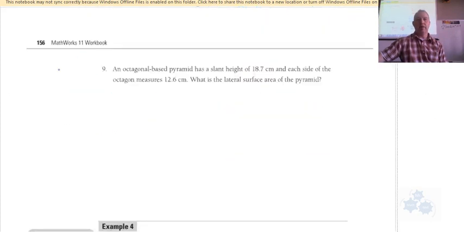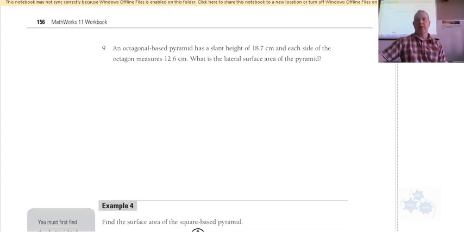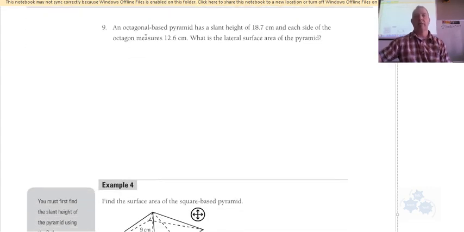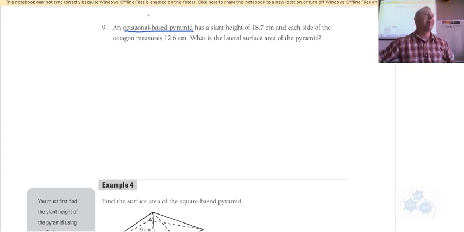Now, number 9 you're going to do on your own in a little while, because we're going to move on to the next example. But we have an octagonal-based pyramid. How many sides does an octagon have? Yeah, 8. Octopus, right? Octagon, 8. 8 legs, 8 sides. A stop sign is an octagon, right? It has 8 sides. So how many triangles are attached to this base? 8, right?